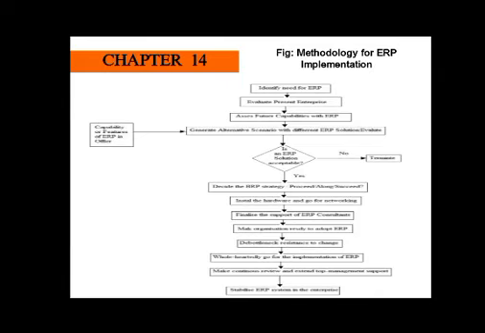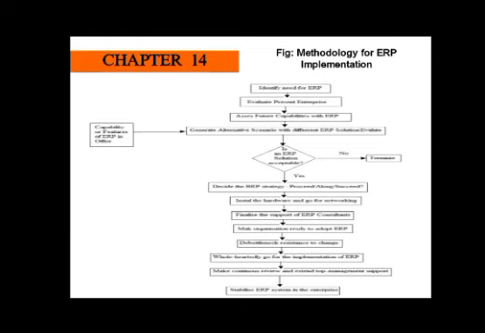Evaluate also the capability or features of ERP on offer. And then we have your option. Is an ERP solution acceptable for you? It's up to you, you're going to say yes or no. If no, you have to terminate the ERP.